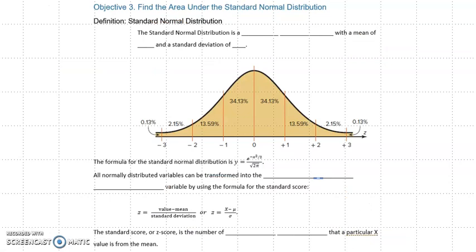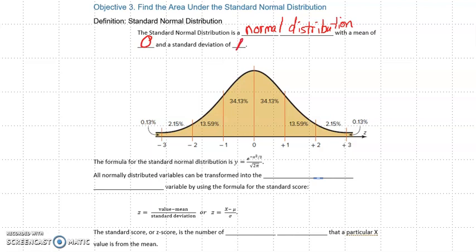Now, with this standard normal distribution, it's special. We've got the word standard attached to this. So it starts off as a normal distribution. But what makes it standard is the mean and standard deviation. So the mean of this distribution is 0 and the standard deviation is 1.